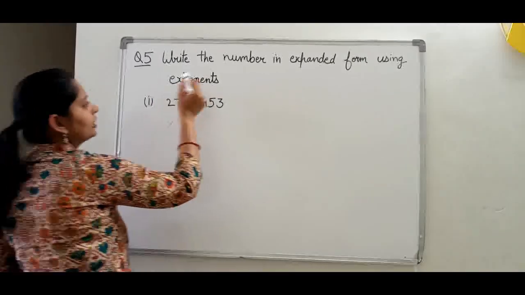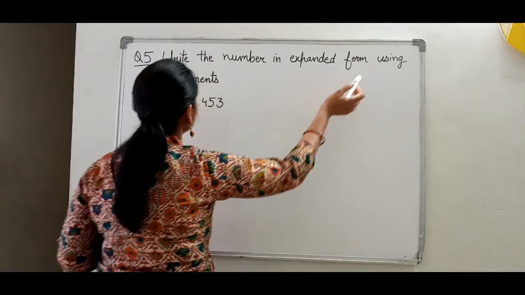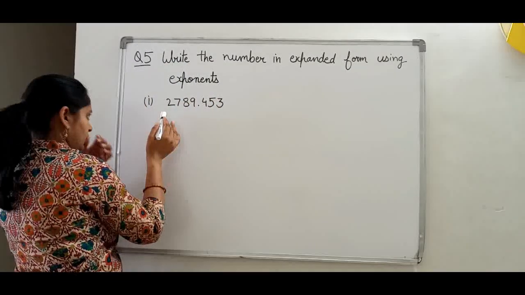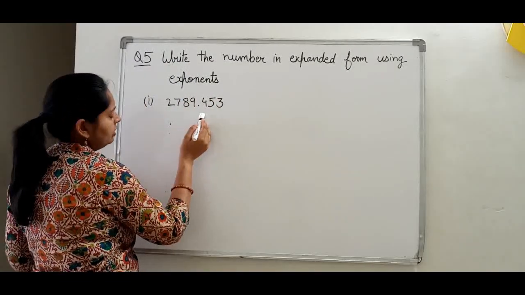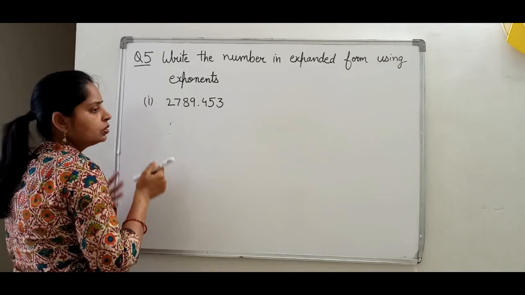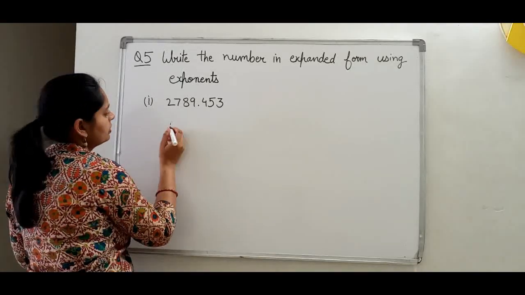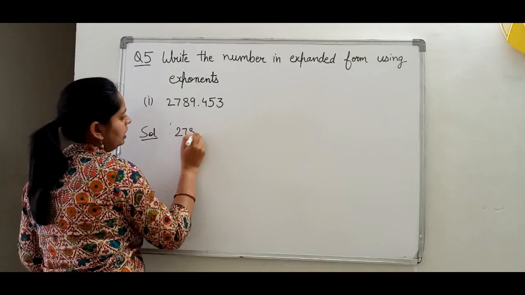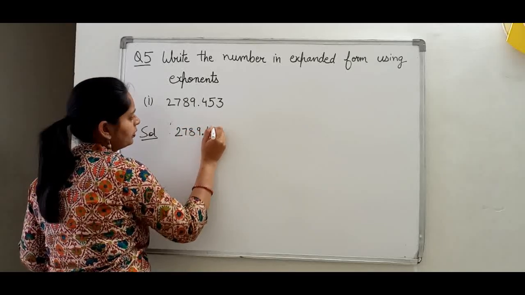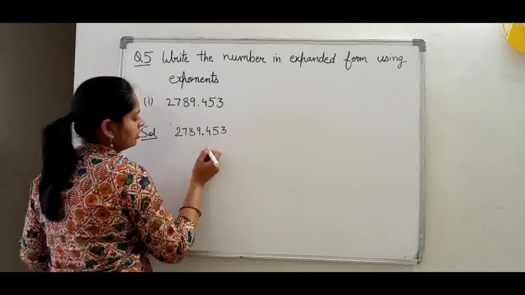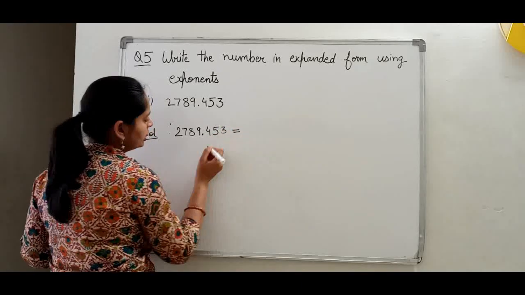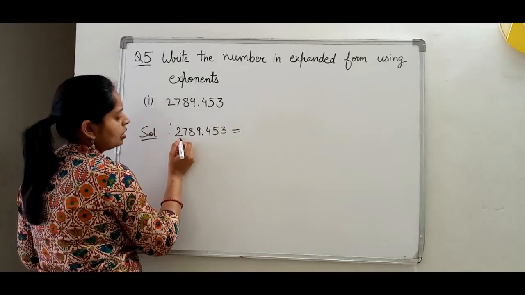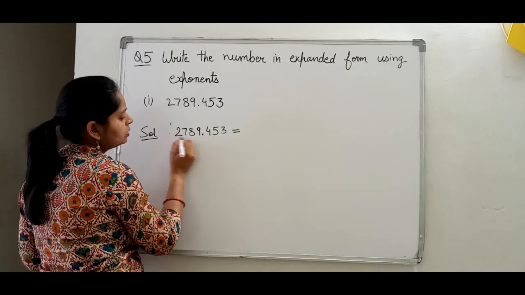Write the numbers in expanded form using exponents. We have this decimal number, and we have to express it in expanded form. Very easy question. 2789.453. How do you write it in expanded form? 2 is at what place? 2000.